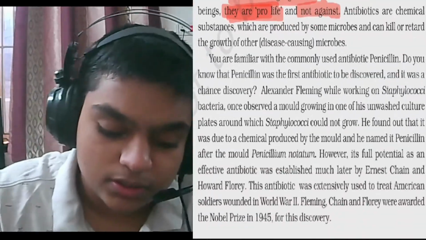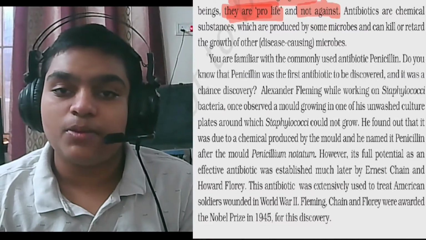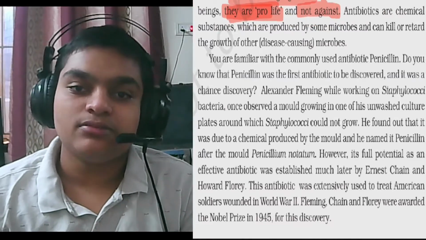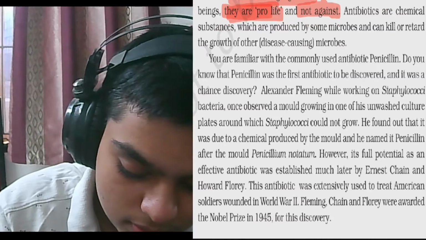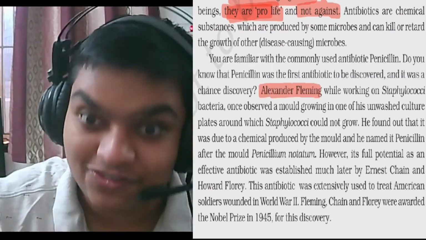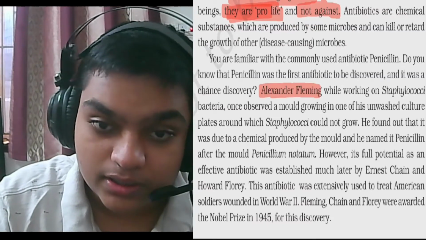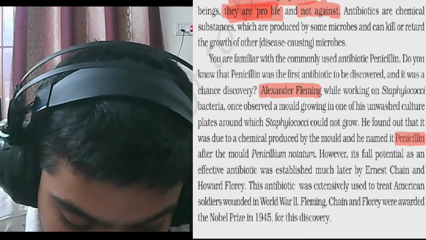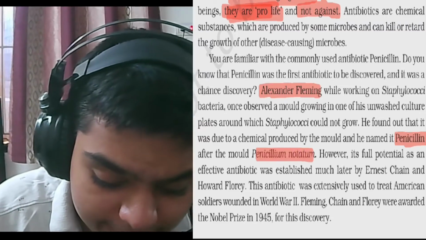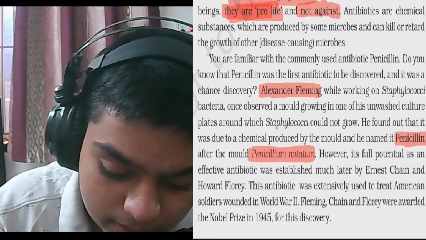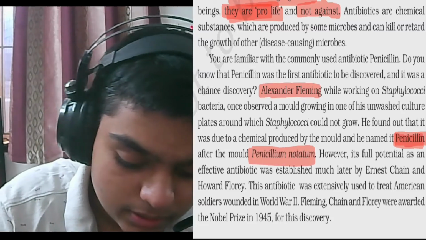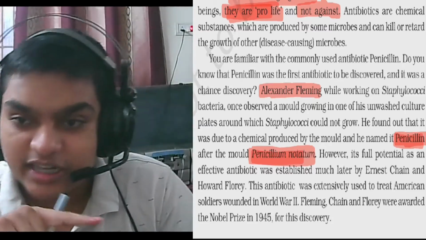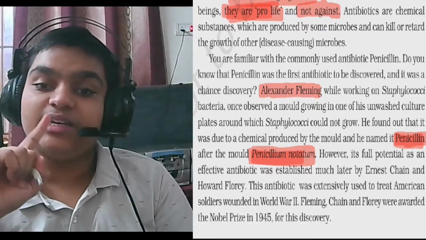Let's move here. See, the first antibiotic discovered was penicillin. We all know it was discovered by Alexander Fleming. Penicillin from Penicillium notatum. Penicillin was the first antibiotic discovered from Penicillium notatum.